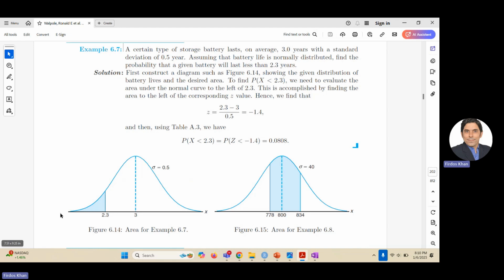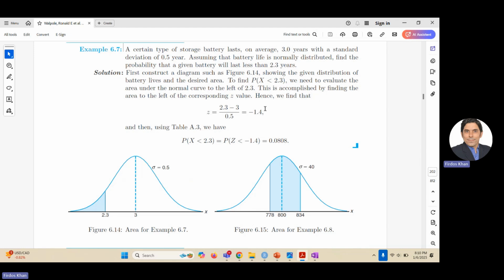So we need this area, and remember that the table is constructed in a cumulative way. This is accomplished by finding the area to the left of the corresponding z value.